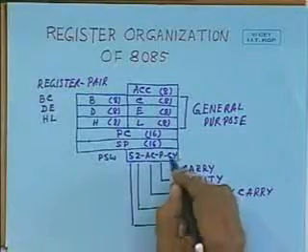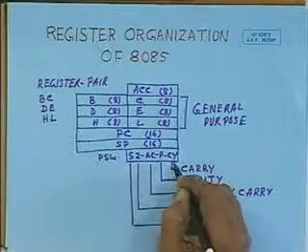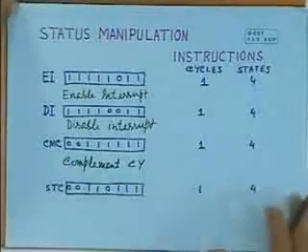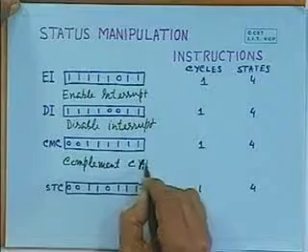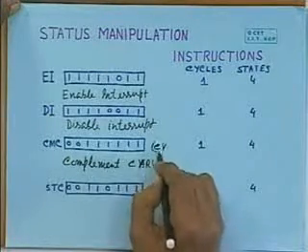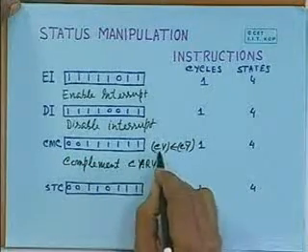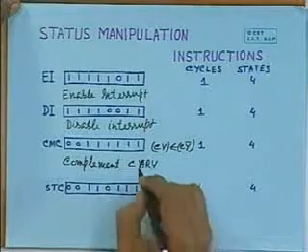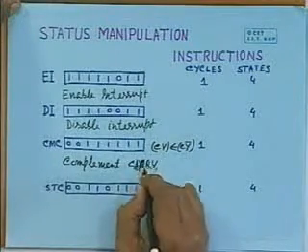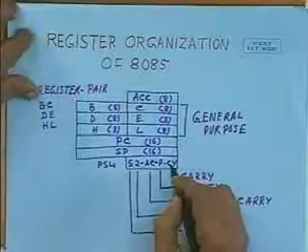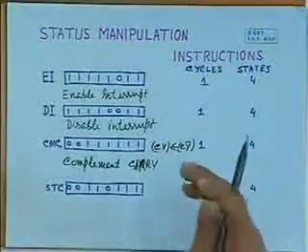Whenever you perform addition, subtraction, then this carry flag bit is modified based on whether there is carry or not. However, by executing this instruction CMC, complement carry, the complement of that bit is loaded into the carry flag bit. As a result, the carry flag bit gets modified, and subsequently some decision making can be done based on this flag bit.